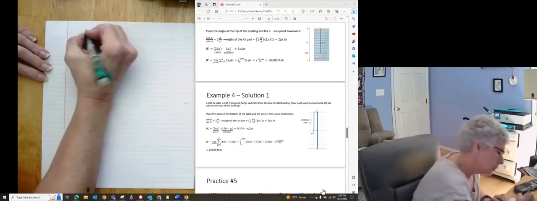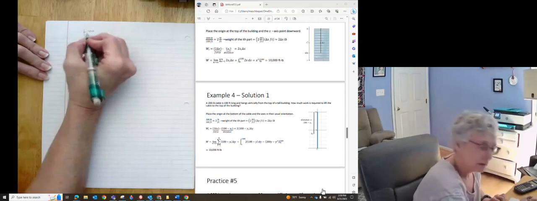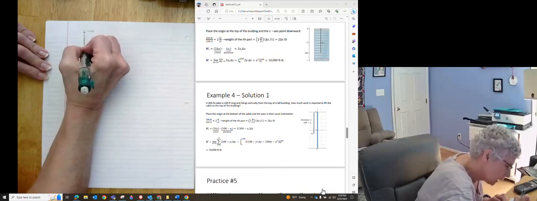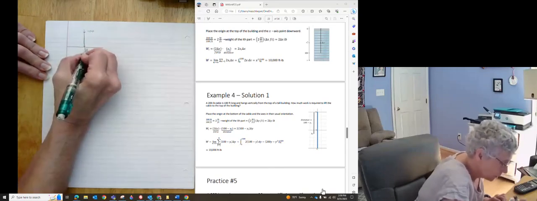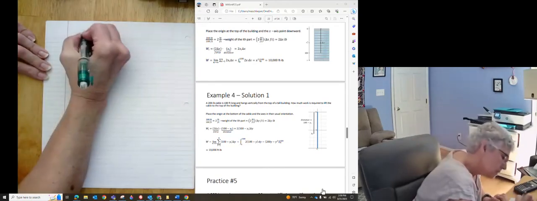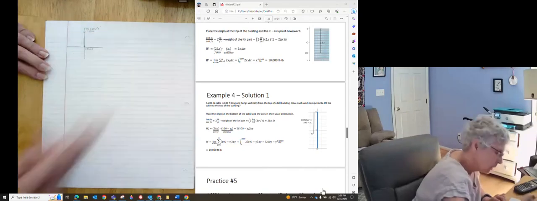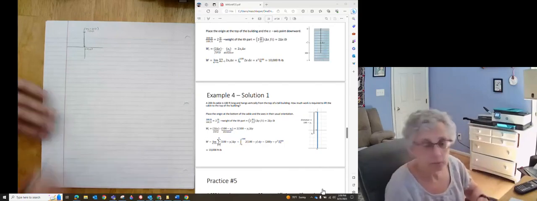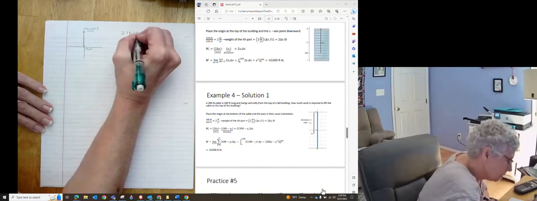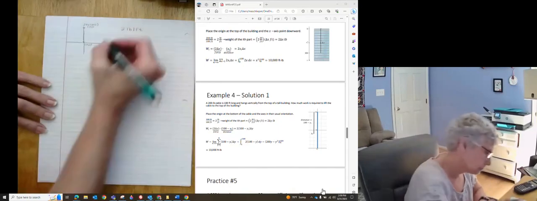So I would put the top of the cable or the building at 100 and the bottom of the cable at the origin, 0, 0. So this would be the point 0, 100 at the top. Still, the weight is 2 pounds per foot because it's the same cable.